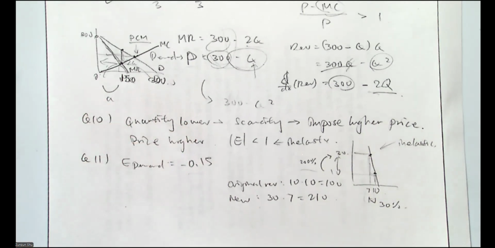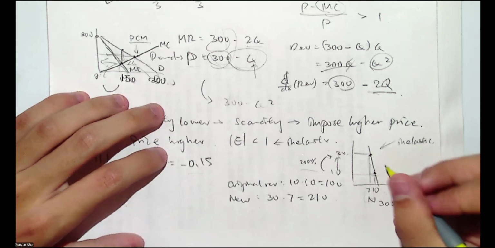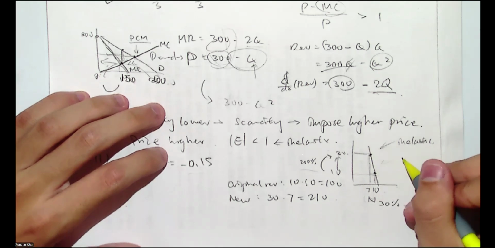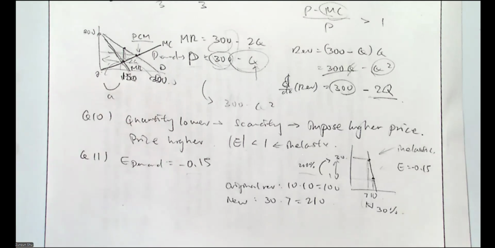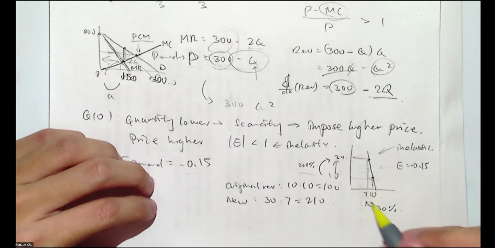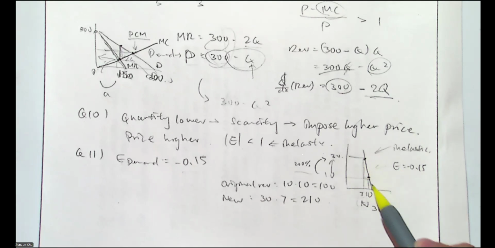By the way, because I chose these numbers, the elasticity here would actually be exactly 0.15. But you don't even need it to be like that. You could put this number as 5 or as 8. As long as it seems inelastic and makes sense on the graph, it's going to be fine.